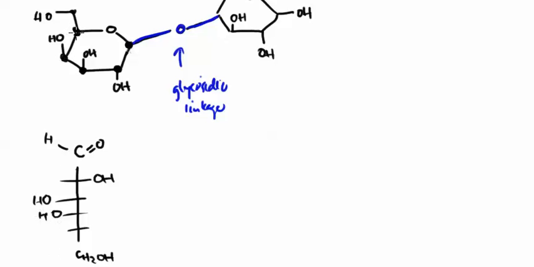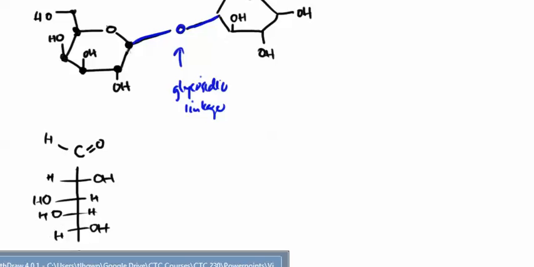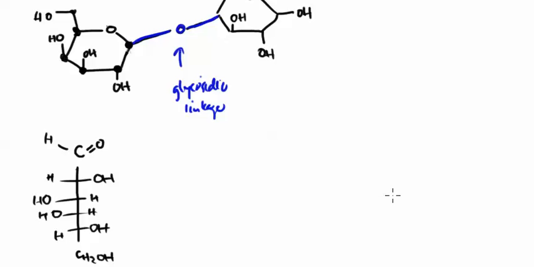And then I get this carbon that had an OH on it, but that OH has been converted to an oxygen because that's the connector of the ring. So where did this OH go? Well, once again, we assume that all of these sugars are D sugars unless we're told something different, so it automatically goes to the right-hand side. So this is the Fischer projection of the sugar in question.